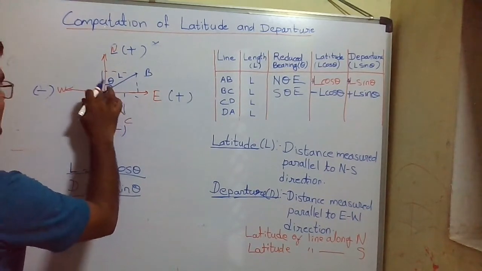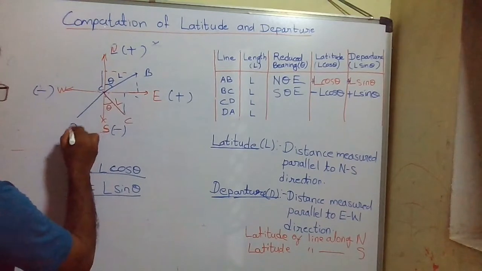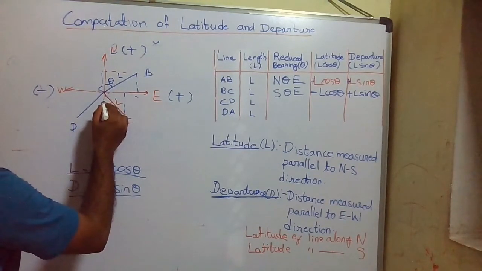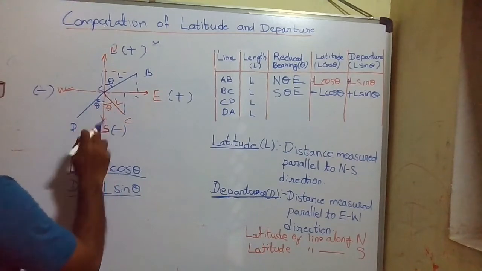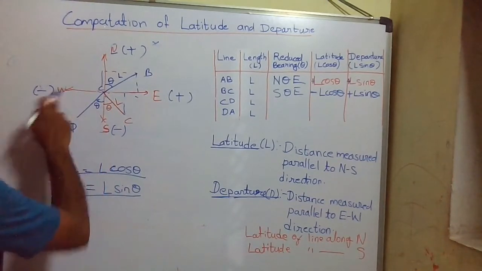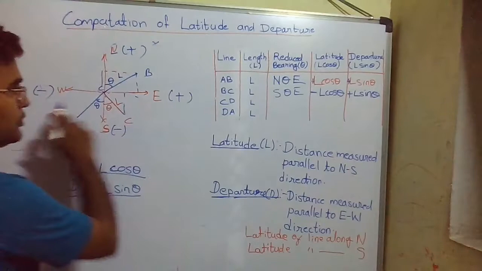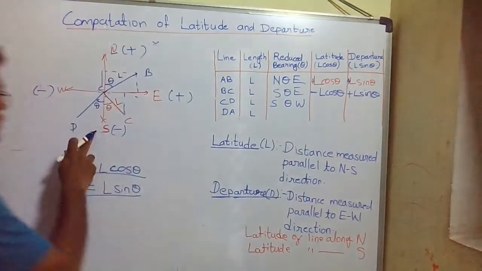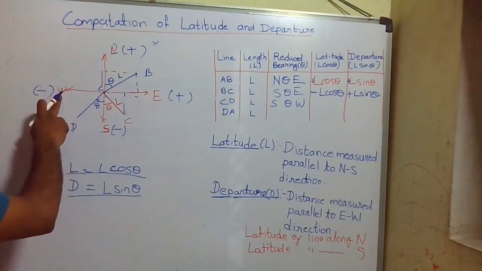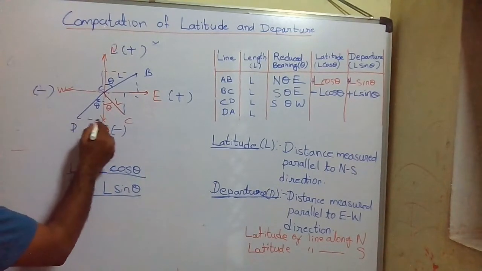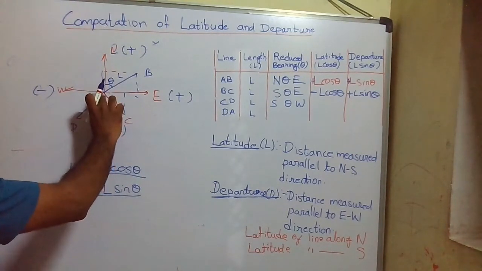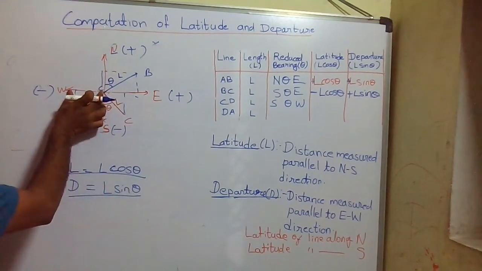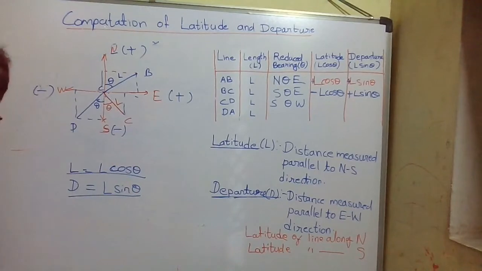Okay, then suppose there is another line, this is line CD, and the reduced bearing of this line is south theta west. So this line is in the southwest quadrant. Its latitude is along south, and its departure is along west. So what will be the sign of latitude and departure?